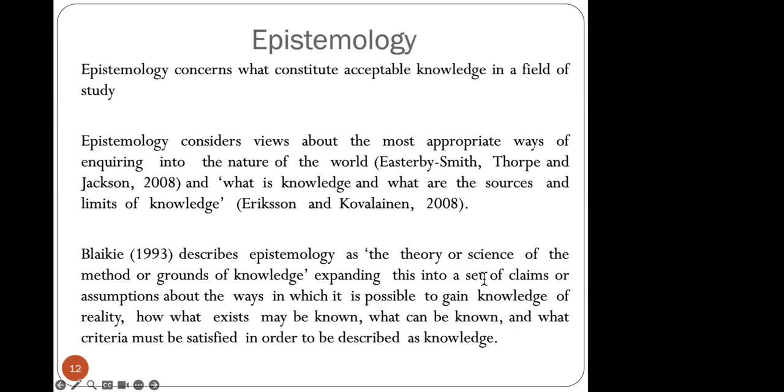So simply what they are saying is that when you are looking for knowledge, or you are looking for the reality of any information, that is like a theory of science, and the method or the ground of that knowledge is based on what rules you have to follow to gain that knowledge. If you don't follow those rules, then to them, you are not practicing what we call epistemology.